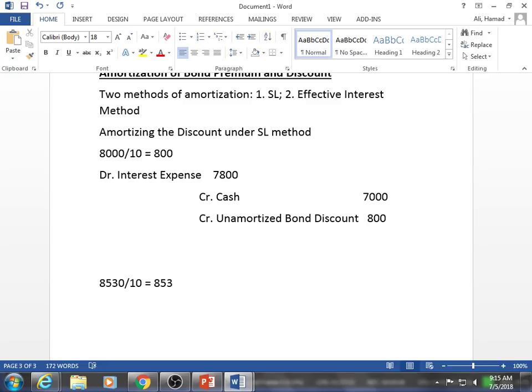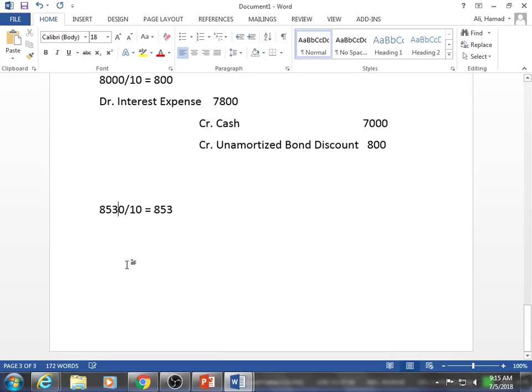Now remember, the carrying value of the premium is going down. So we go back here. We're going to debit interest expense, and we're going to credit cash. We always debit interest expense because it is an expense.